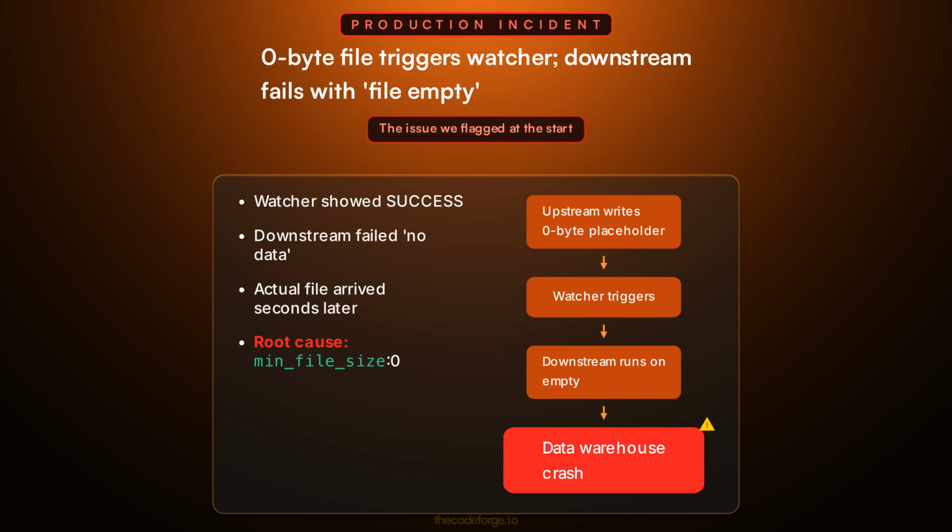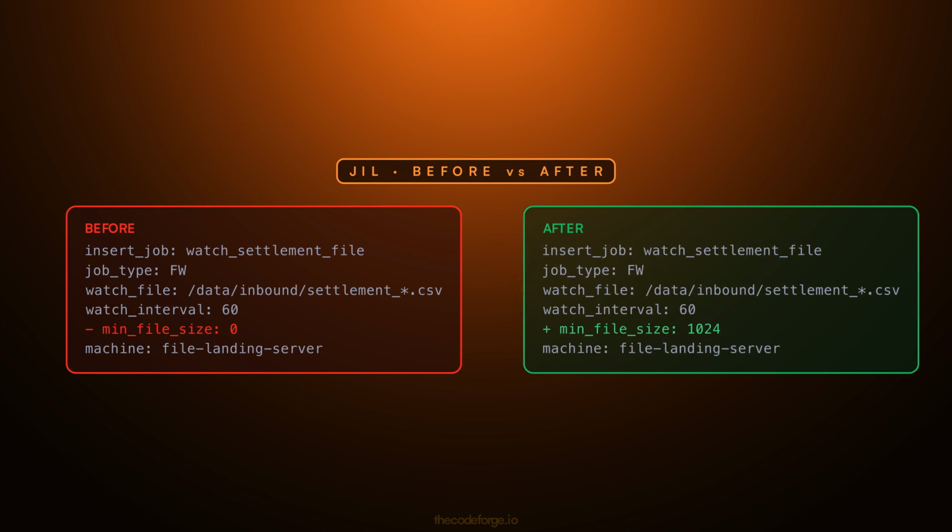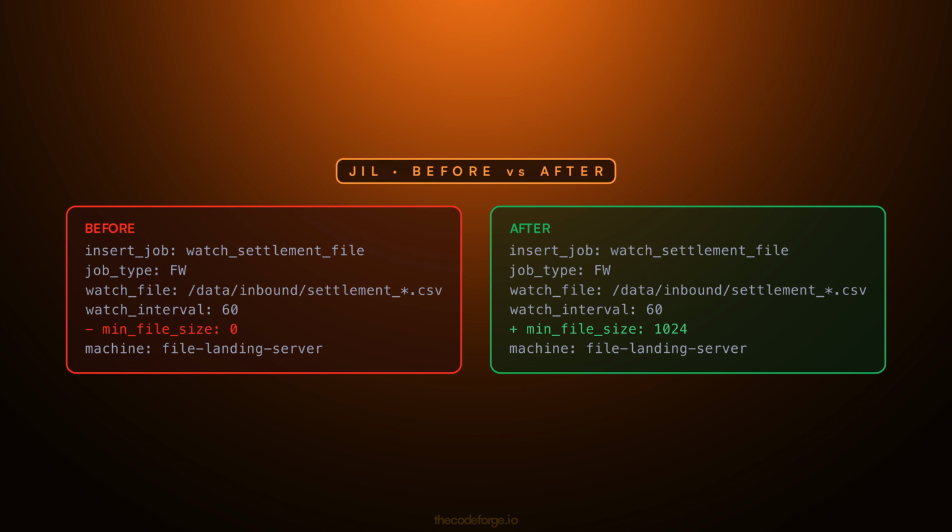Here's exactly why that happened. The file watcher had min_file_size 0, meaning any file, even a 0-byte placeholder, would trigger success. The upstream system wrote a lock file first, the watcher fired, downstream processed nothing, and data silently vanished. Setting min_file_size to 0 causes the watcher to trigger on file creation, not write completion, leading to processing of empty or partial files.